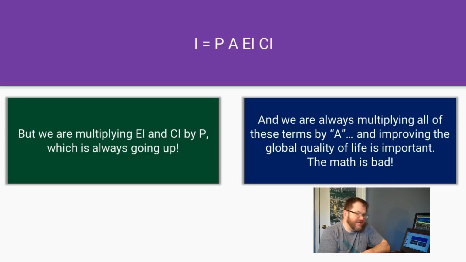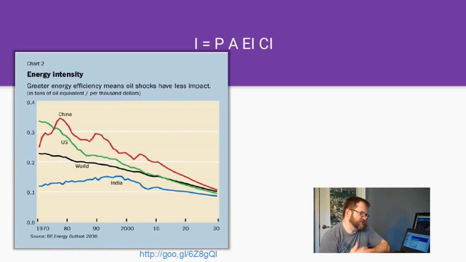And then we're always multiplying it by A, the affluence, and improving global quality of life is frankly an intrinsic good. We don't want A to go down. We don't want people to be poorer. There are ethics problems there. See how the math is bad? No matter what, we have some fundamental problems here in terms of how this is going to work.